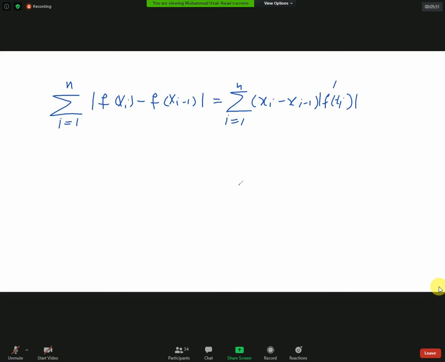ठीक हो गया जी, ये आपके पास होगी क्वेश्चन नंबर 1। Since it is given that f dash is bounded, so there exists a real number capital M such that f dash of ti for all I. ठीक हो गया?